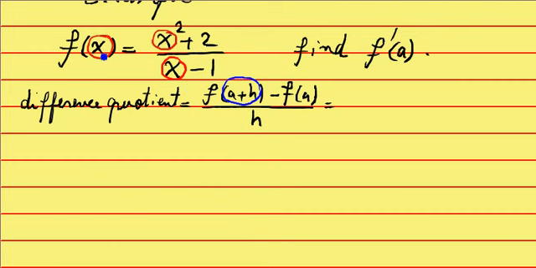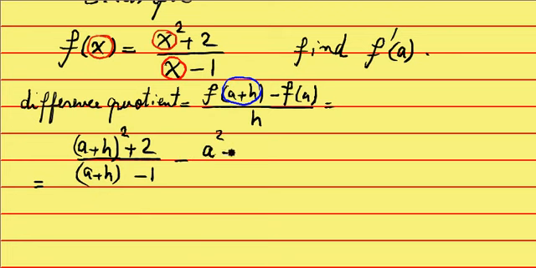So wherever I see that red thing, I'm going to put this blue thing now. That's all. So if we continue, I write is equal to, putting this up here, a plus h squared plus 2 over a plus h minus 1. Putting it in parentheses is a good idea so that you see you have done the copying right.